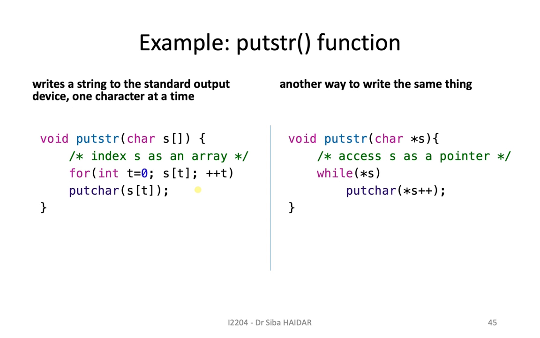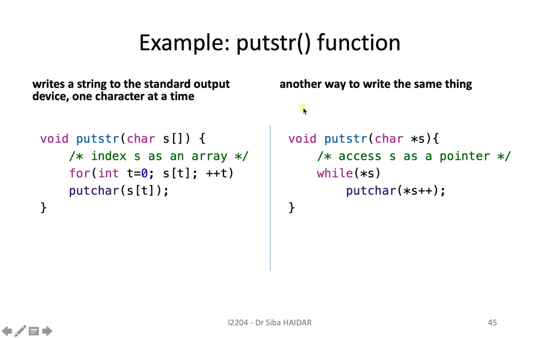As examples, take the functions in the library string.h. We will revisit them in the section when we talk about strings and arrays of characters. But consider this syntax, which writes a string to the standard output device, one character at a time. This is the array syntax: for int t = 0, s[t] different than \0, t++, and then in the for loop you put putstr s[t].